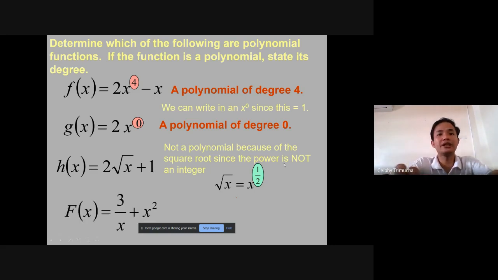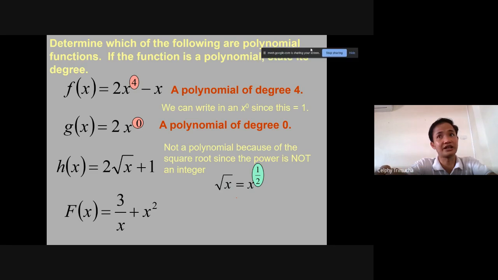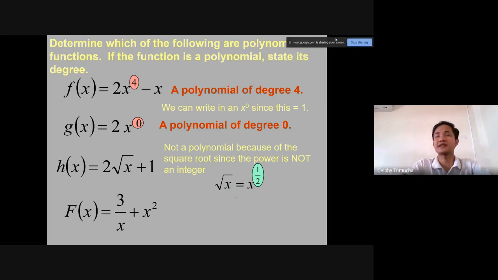Next one, if we have a certain function, 3 over x plus x squared, so is this a polynomial or not? So ang concern naton is dapat na negative integer. If we have this one, nga ang aton nga variable is ara sa aton denominator, this means nga we have a certain part or components sa aton nga equation or sa aton nga function wherein we have a negative exponent kung ara sa dalom mga aton nga variable.